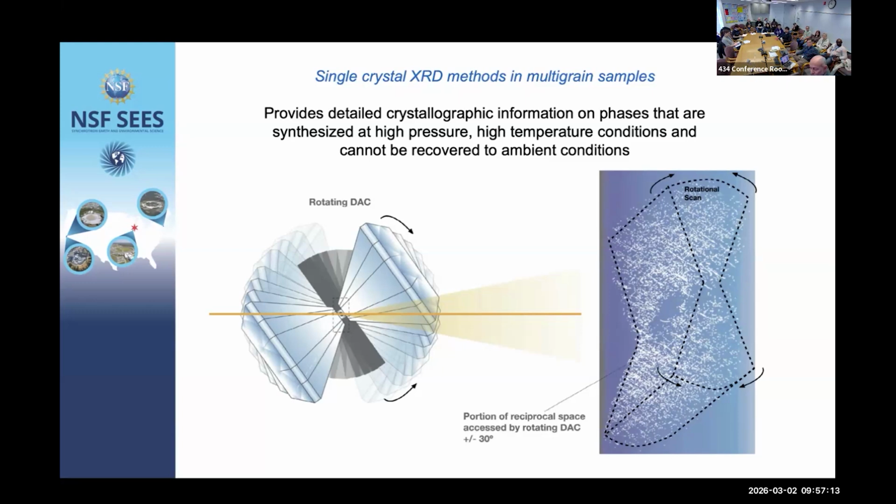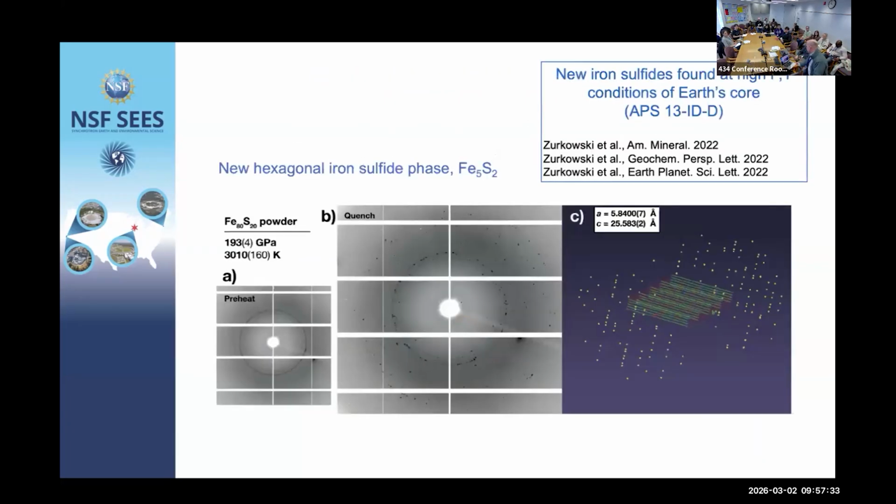But there are these relatively new methods, a decade or so old but increasingly popular, that involve doing single crystal diffraction, collecting the data over whatever is the available range of rotation, and then trying to figure out all the single crystal data simultaneously, or at least grain by grain.